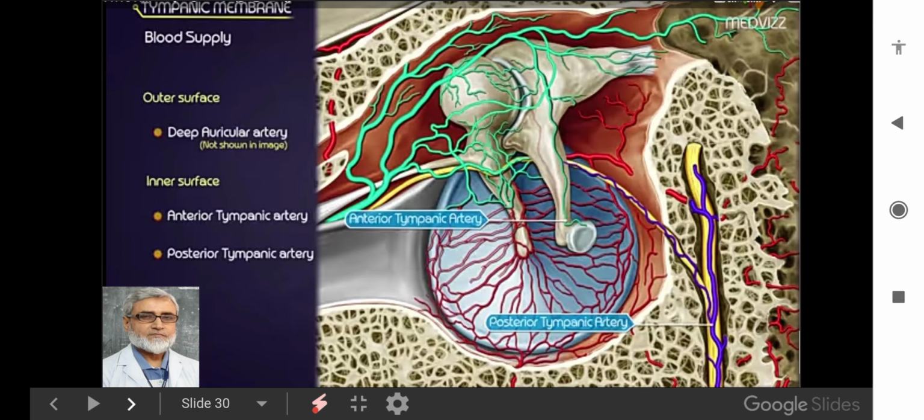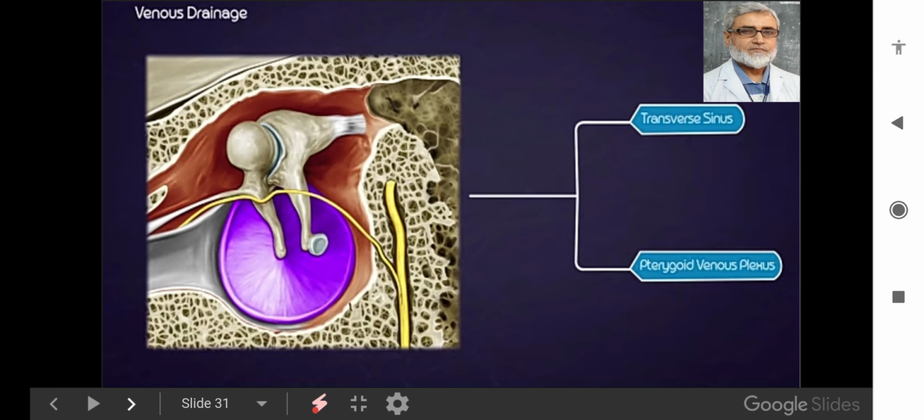So regarding the venous supply, the outer surface is drained into the external jugular vein. See here, it is the arterial supply, and now you can see the venous supply.